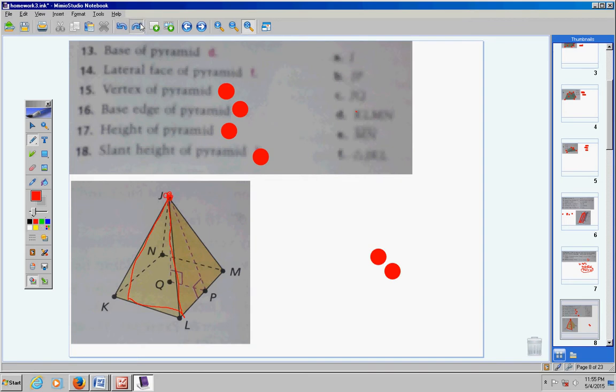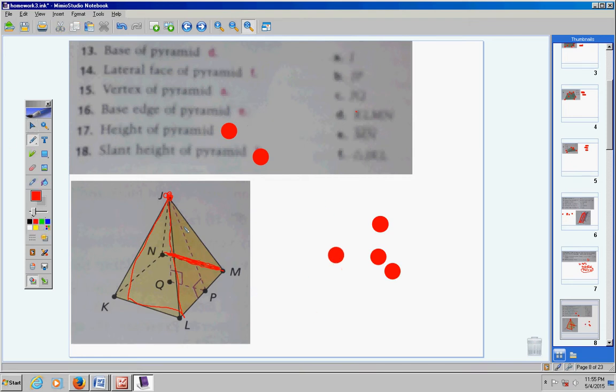So as I look at the different edges here, MN, there it is. MN is a base edge. It's the edge of a base, and it's going to be letter E. Letter E for number 16.